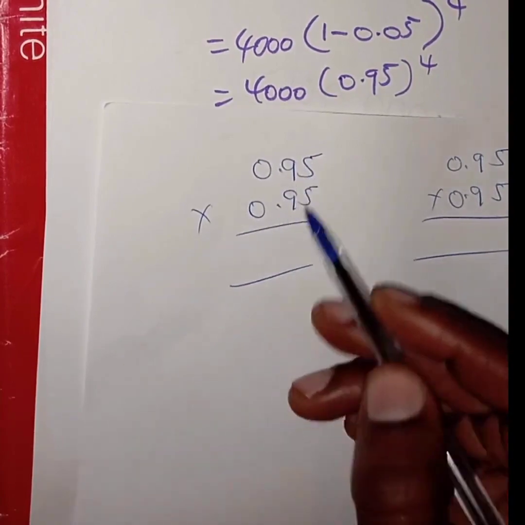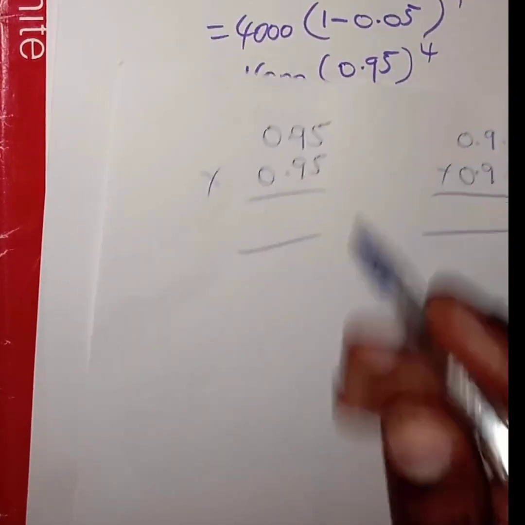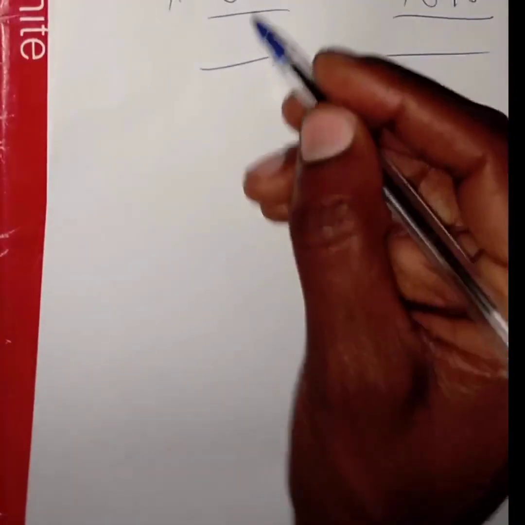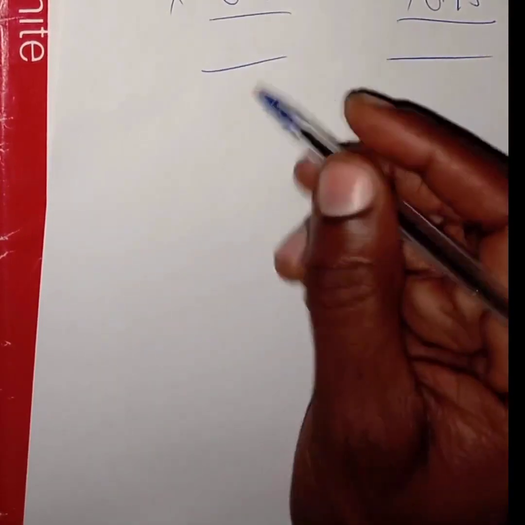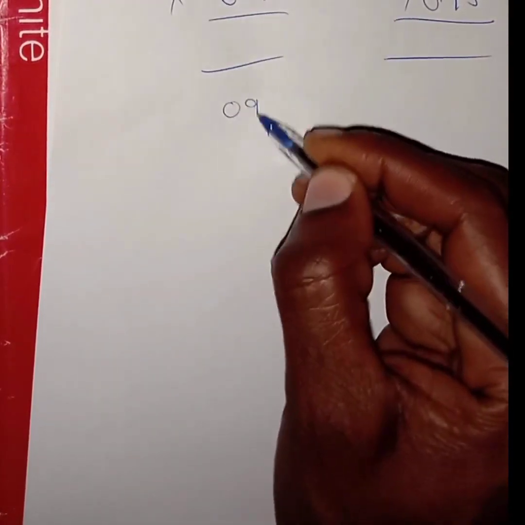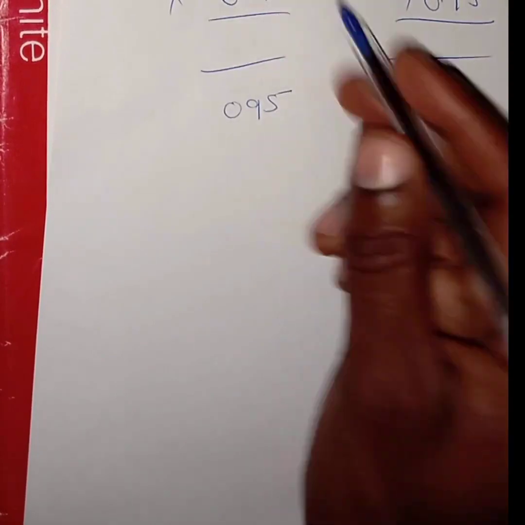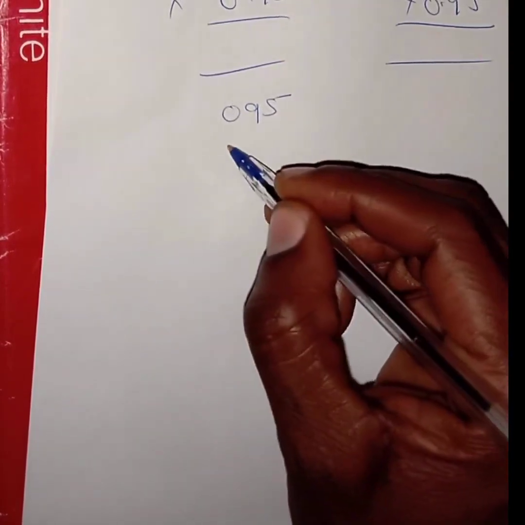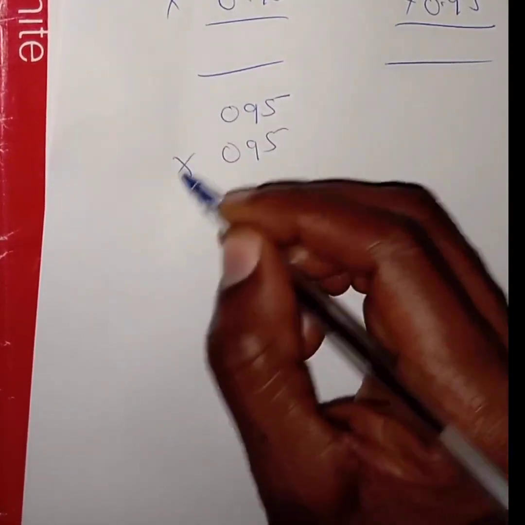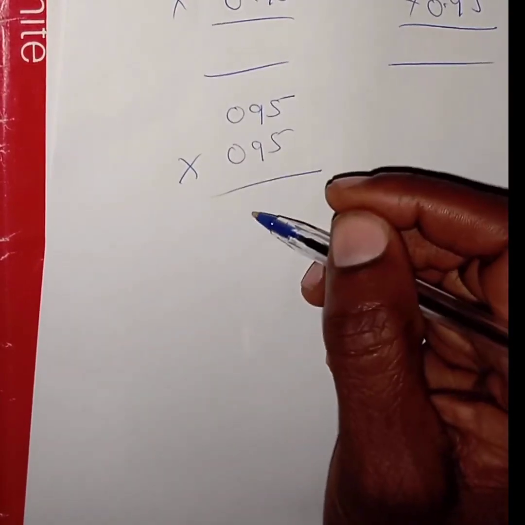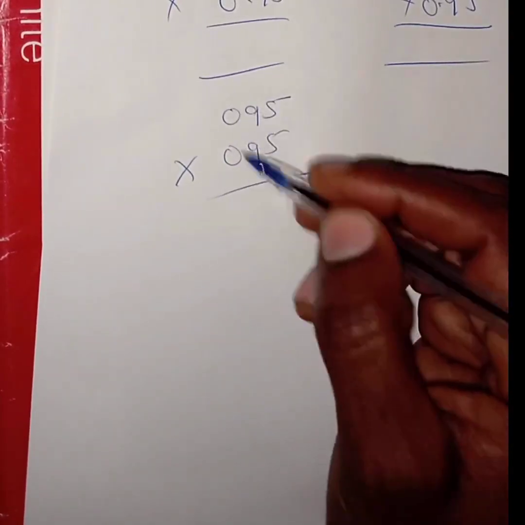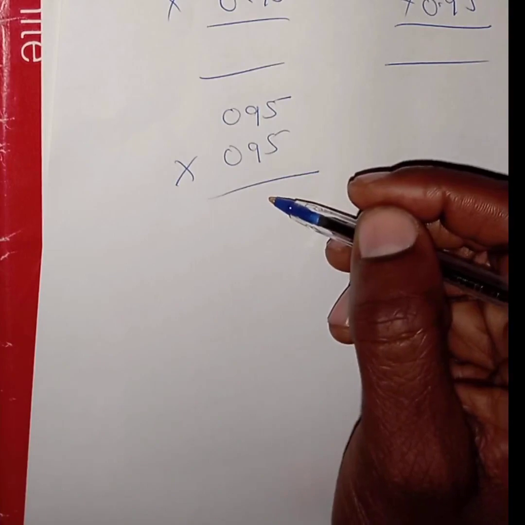So when multiplying decimal numbers, ignore the decimal points. Now let's multiply the way they are. Here, if you want, you can leave out the 0, because it will mean the same.